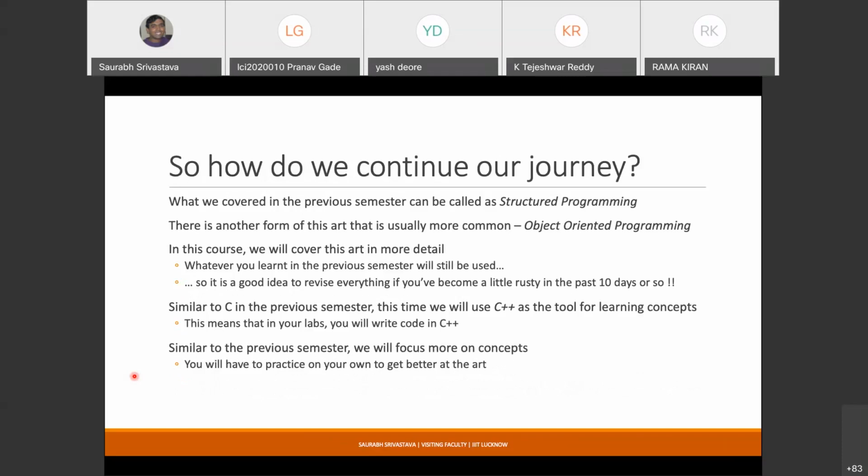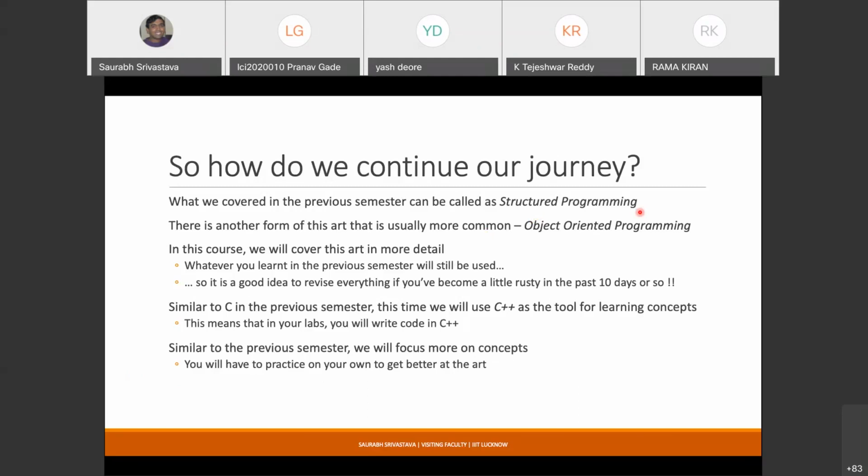Whatever we did in the previous semester can be loosely considered as structured programming or functional programming. There are so many terms related to these kinds of programming, and none of them are crisply defined. It's basically more of an idea.